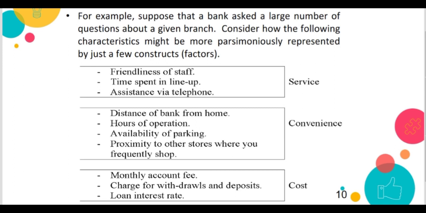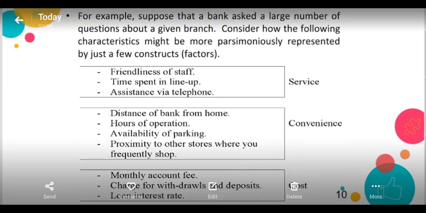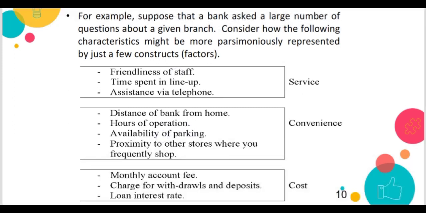Let's say all of these are the variables: friendly staff, time spent, assistance. So we have a set of variables, and according to the correlation value and also the factor loading, if we use factor analysis, we use factor loading, we can group the variables into some factors.